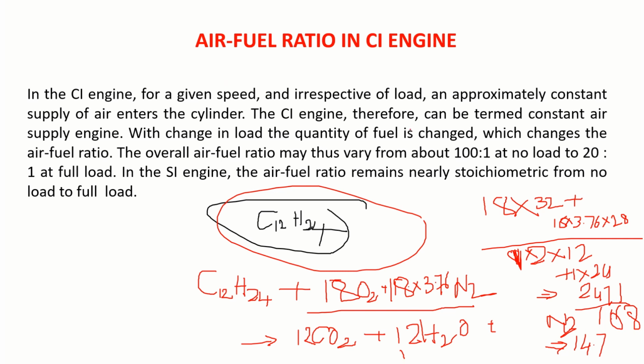But normally we never operate at the stoichiometric air condition of 14.7:1. The diesel engine's beauty is that it operates between 20:1 to 100:1, always on the leaner side.